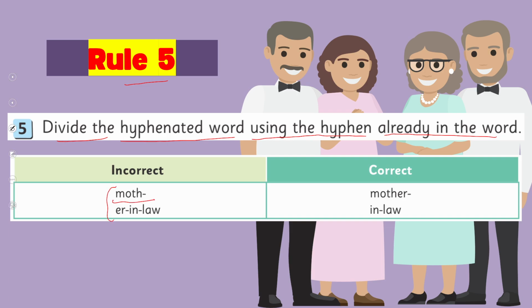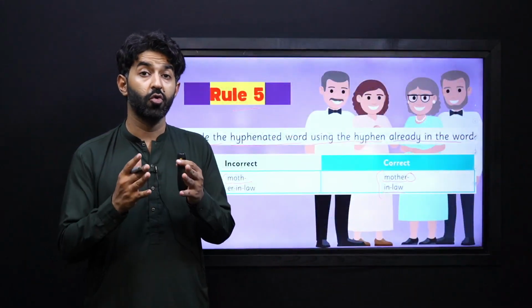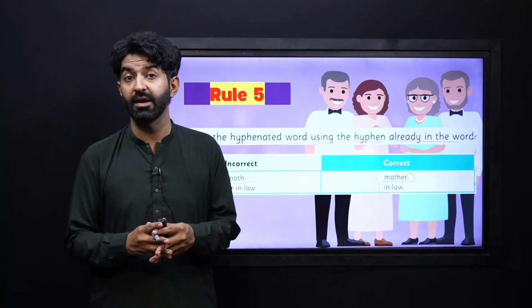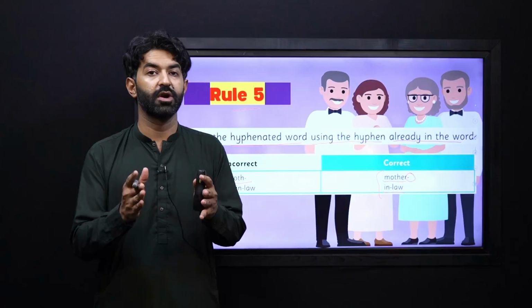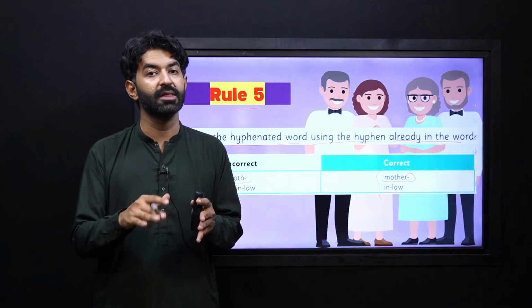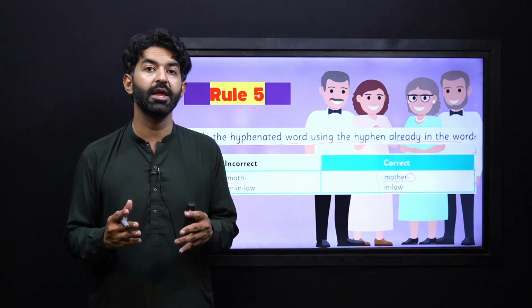You have to keep the hyphen intact as it is already in there, and you can divide the word mother-in-law containing 2 hyphens in this way. So if you already have a hyphen in your word, you will keep that word intact with the hyphen and then move on to the next line or onto the next page to write the remaining part of the word.